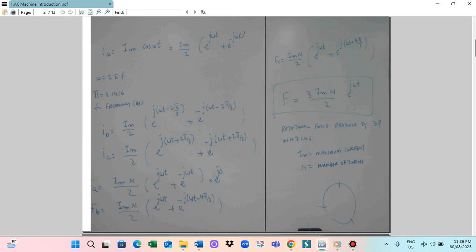And FB means the B phase winding force, you can calculate as IM N by 2 times e power j omega t plus e power minus j omega t minus 4 pi by 3.